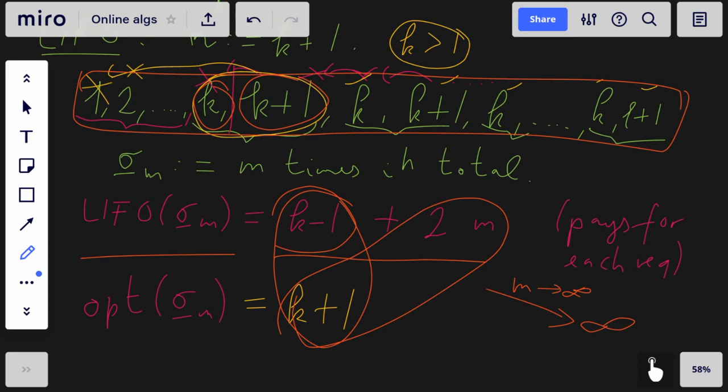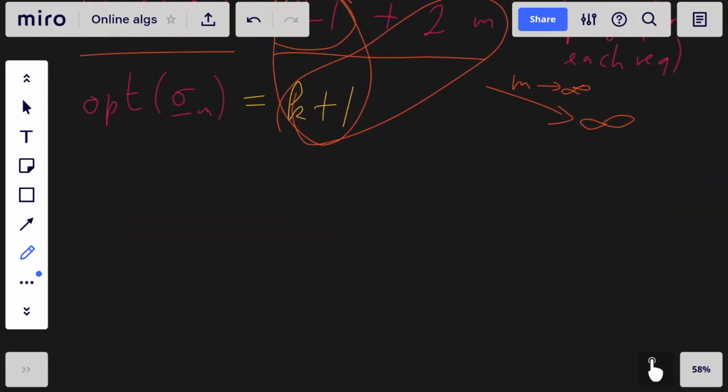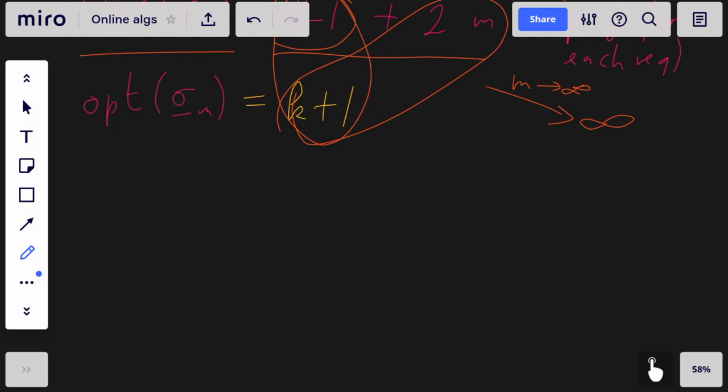Well, yeah. But there is another bad input for the least frequently used algorithm. So for the least frequently used, we also construct a bad enough input. And for the least frequently used, such a bad input can be 1, 1, and so on, 1, say, m times.